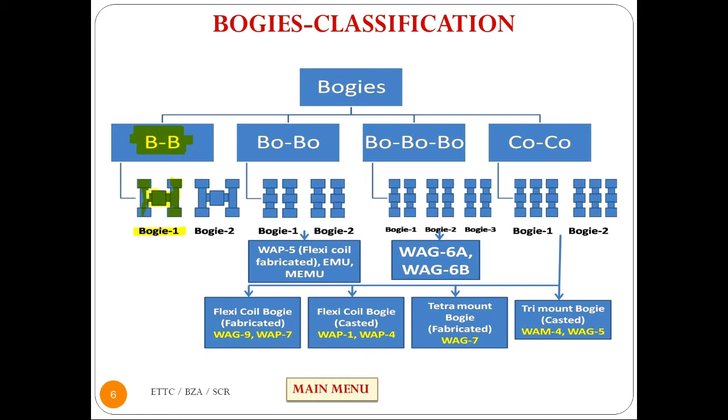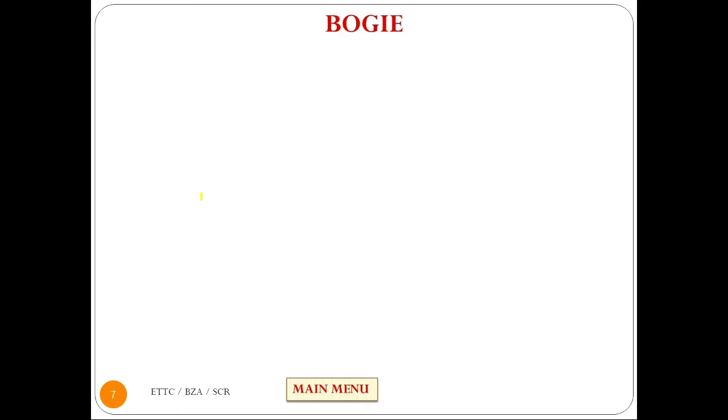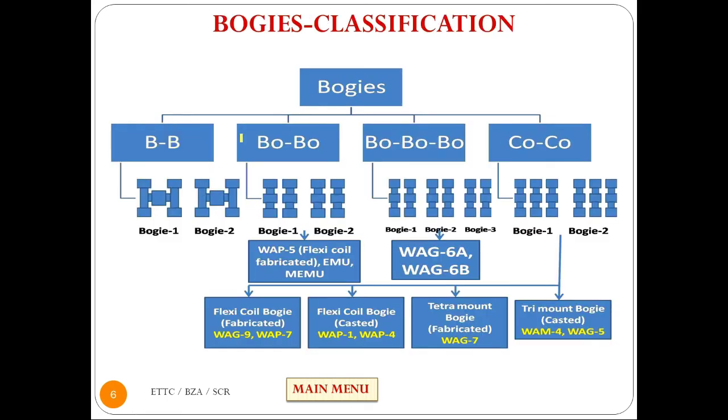Similarly, in this loco, bogie 2 is also provided. In bogie 2 also two axles are provided, and these two axles are mechanically coupled.